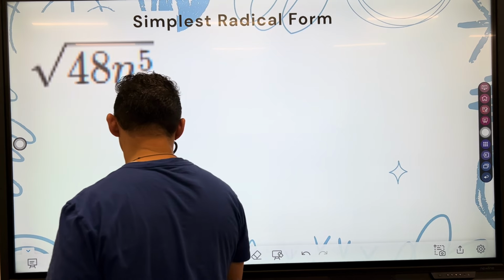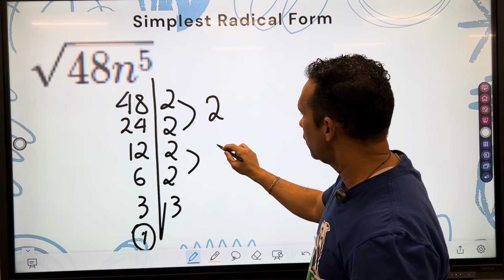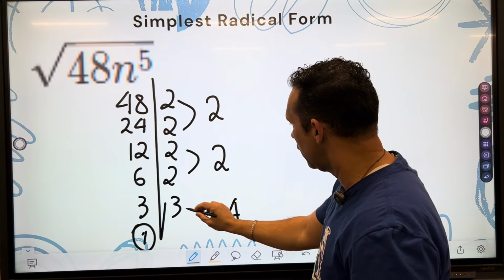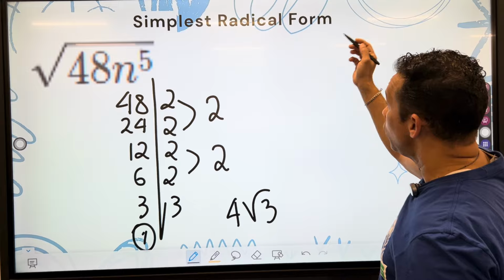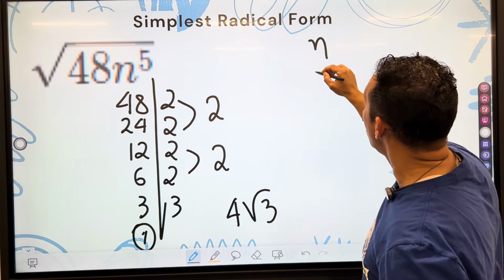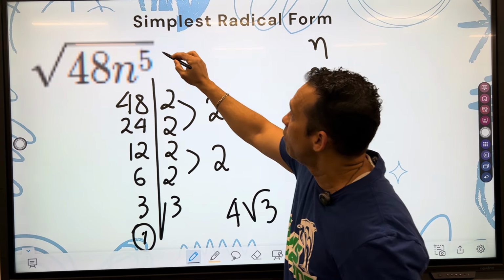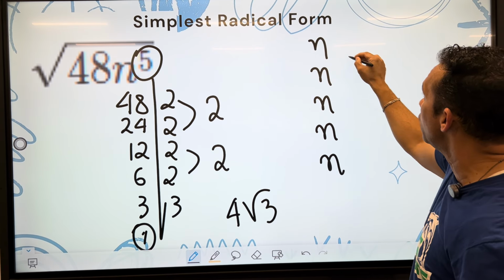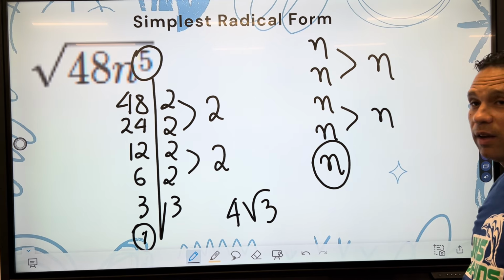So 48 is going to be 2 out, 2 out, we got 4 out, and the 3 would be in. But now we have the letter n. With the first way, we have n, n, n, n, n, 5 n's. So what we can do is 1 n out, 1 n out, and this guy is going to be in.